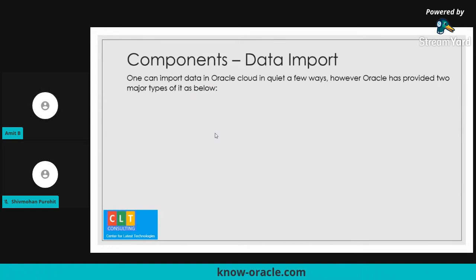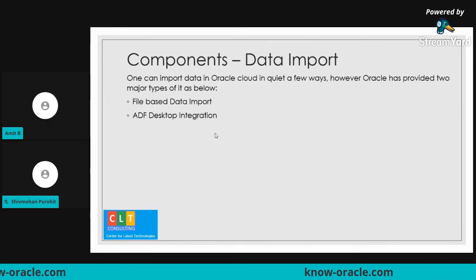Then again, the data import or the integration. If you are going for any data import kind of activities, Oracle itself provides two major types: file-based data import, which we popularly call FBDI, and then we have ADF Desktop Integration, or ADFDI.